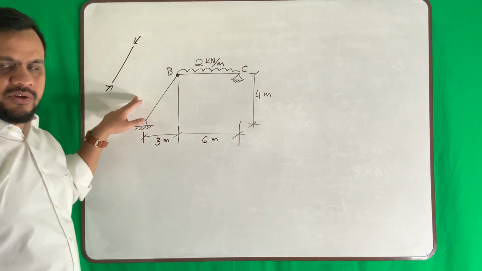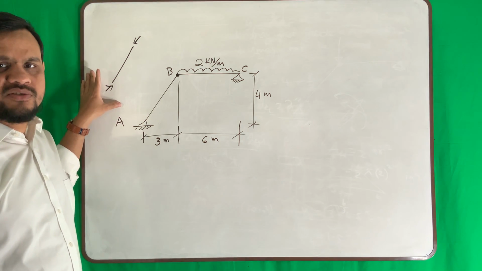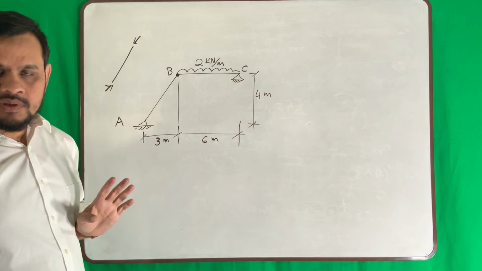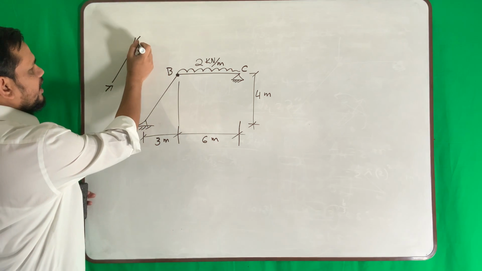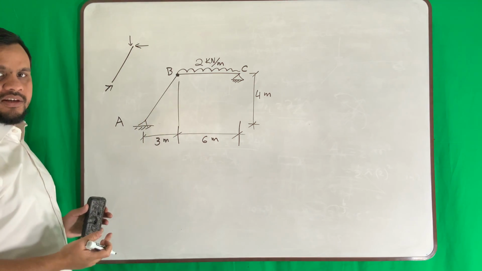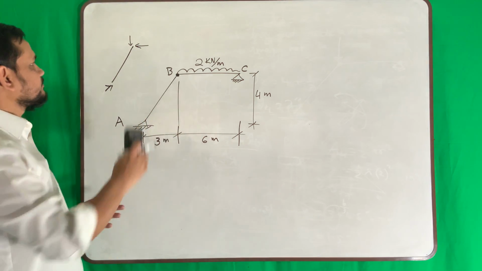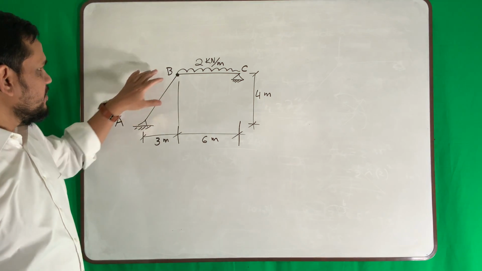So this is something to remember. Now if you cannot identify, there is no problem. If you cannot identify, then there will be one reaction like this, other reaction like this. So you will get it. That is also okay.